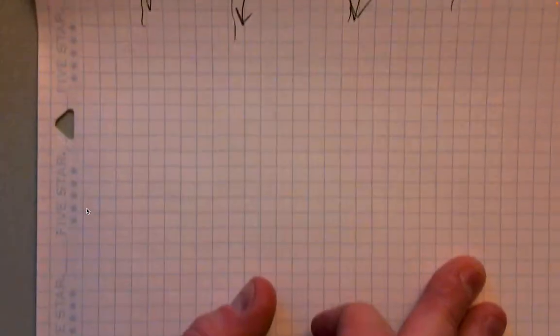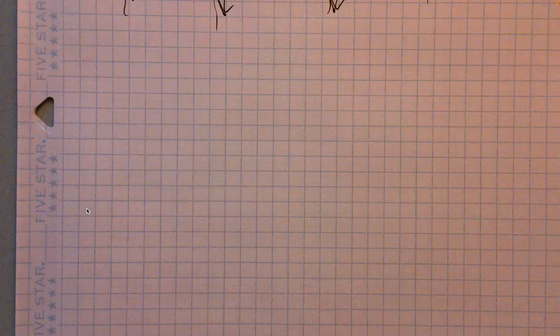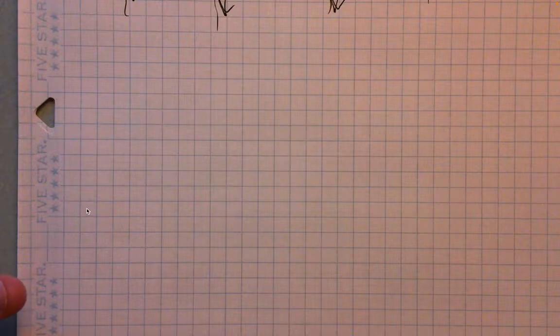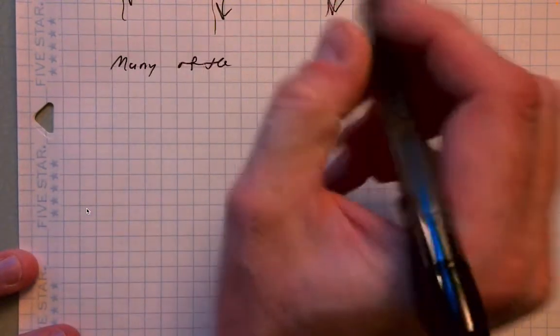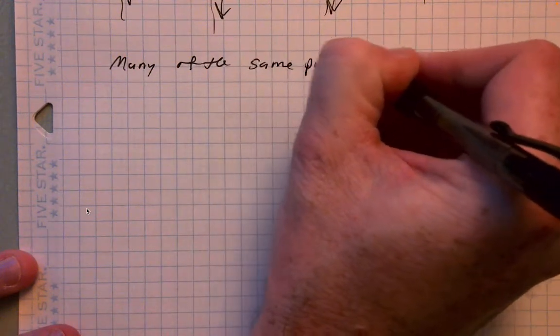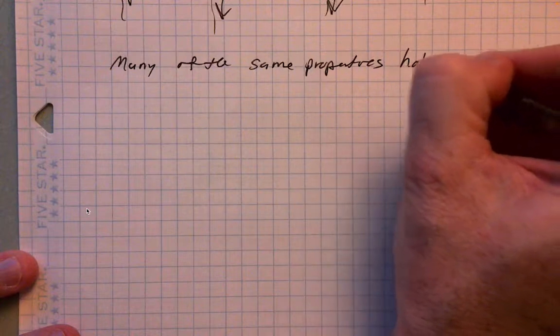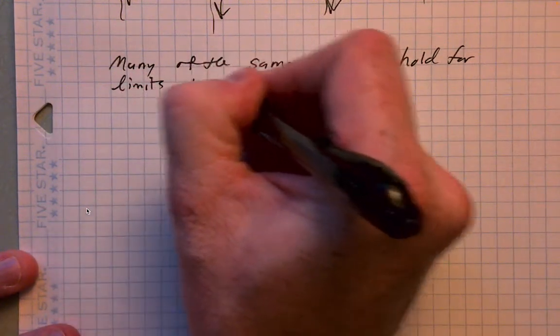Okay, so the nice thing about limits at infinity is that many of the same nice properties from regular limits hold. So for example, many of the same properties hold for limits at infinity.